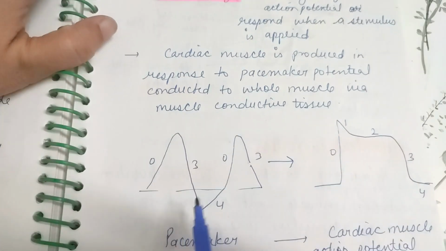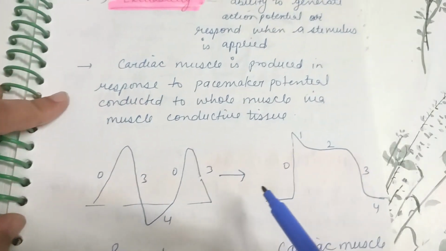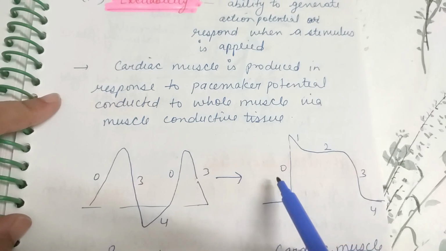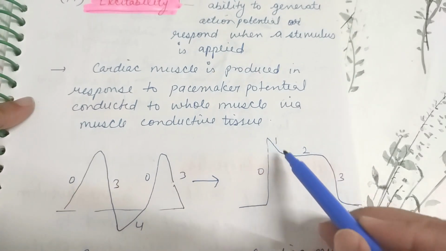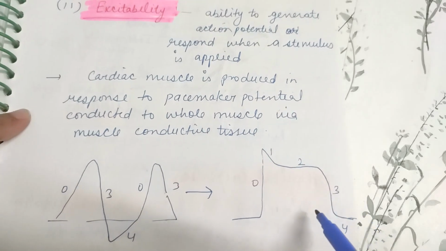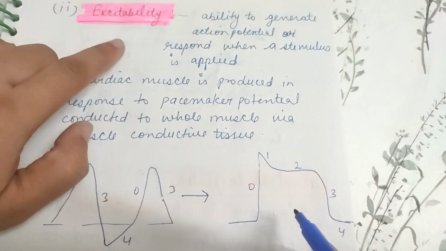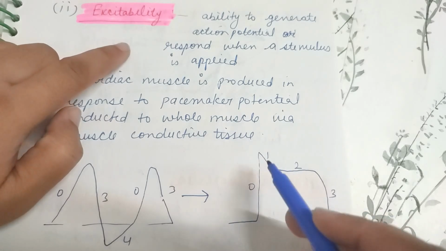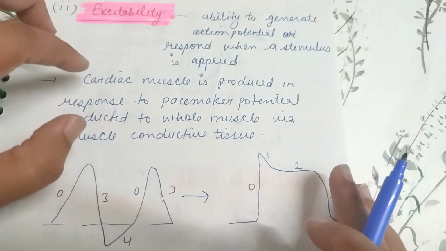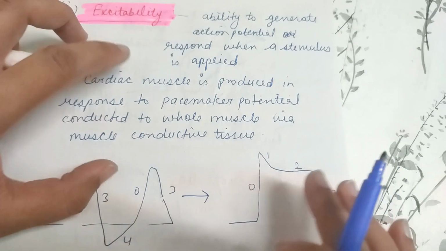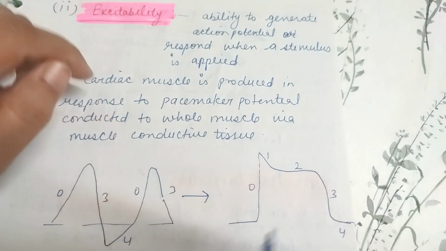It is transferred via the gap junctions to all the tissues, and then the cardiac tissue has this action potential. You have to explain this cardiac action potential whenever the excitability property is asked. You can explain all the phases here, and you can visit my videos for the explanation.